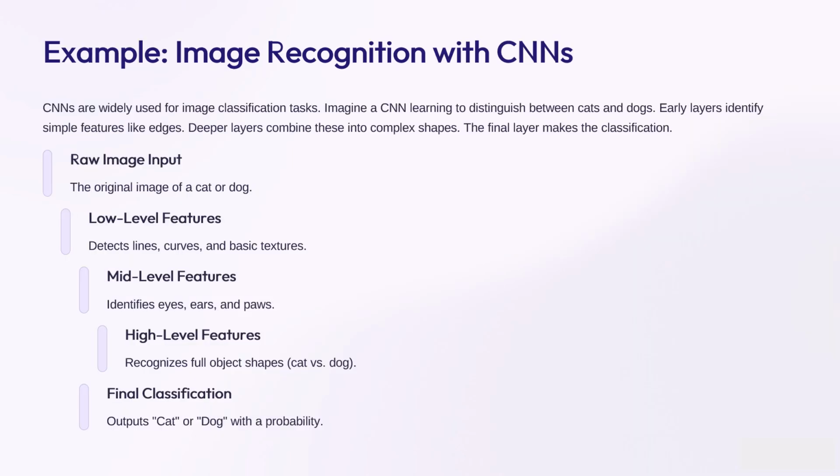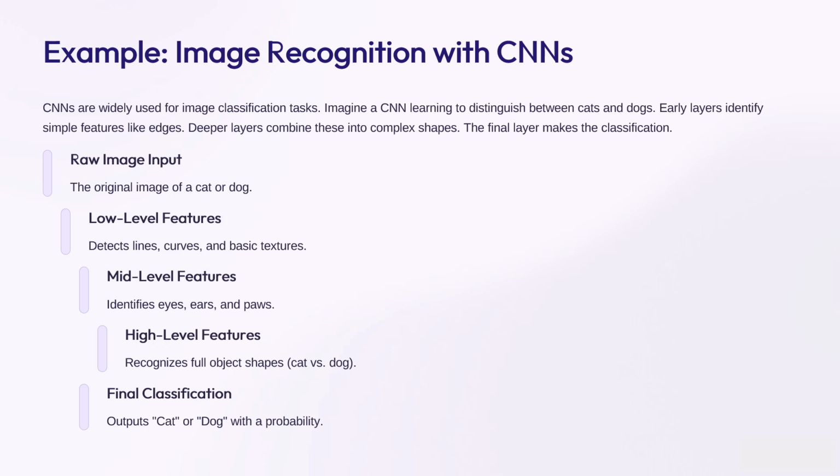So next, here we can see an example of a CNN. This is image recognition with a CNN. We can see here are some steps. CNNs are widely used for image classification tasks. Imagine a CNN learning to distinguish between cats and dogs. Early layers identify simple features like edges.